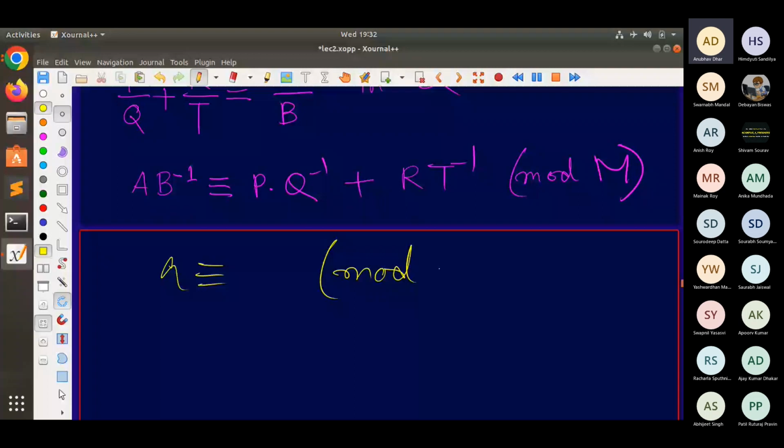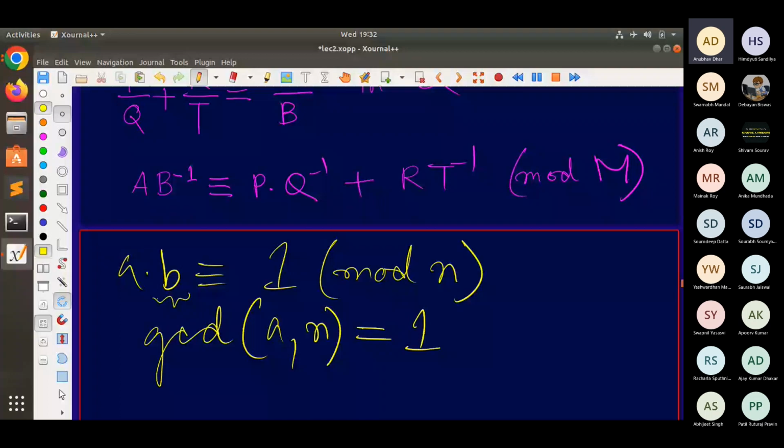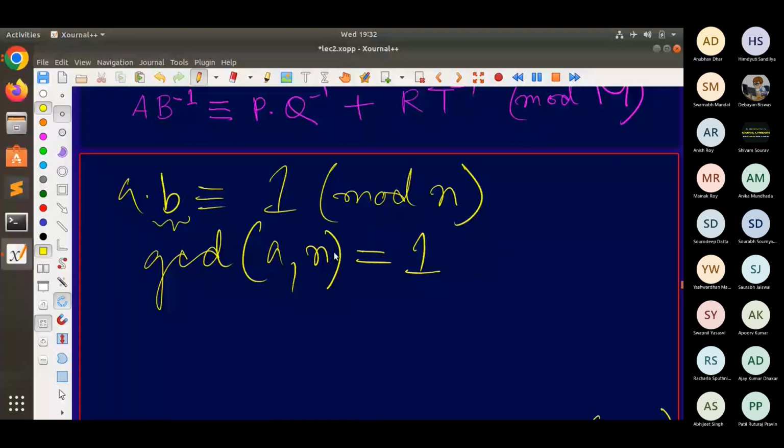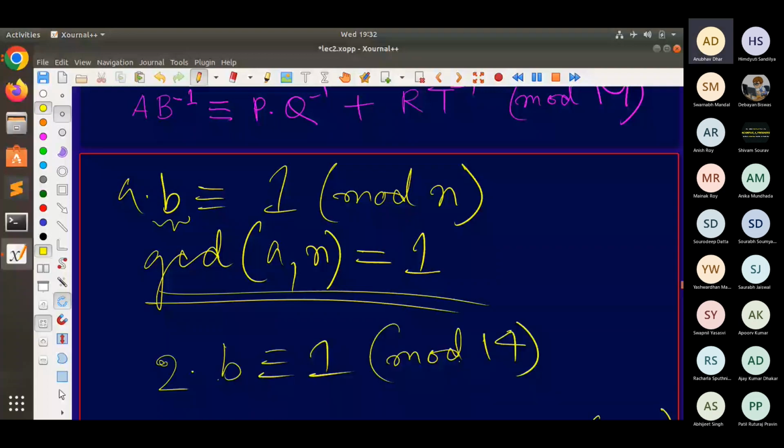Then you can do something called the extended Euclid's algorithm to get this value of P, provided that GCD of A comma n is equal to 1. Otherwise, you can never have a modular inverse. So just think about this, why you can't have a modular inverse if this condition fails. Can't have some number, let's say P mod 14. Just think about this once.